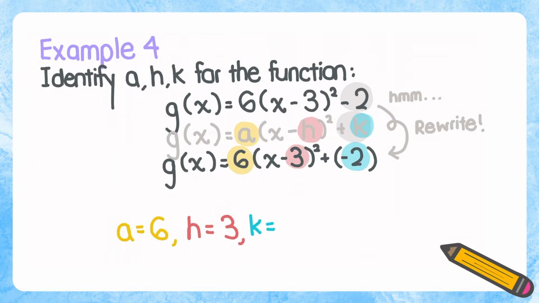So k equals -2. We found that a equals 6, h equals 3, k equals -2. Make sure the function is an exact match with the general vertex form before identifying a, h, and k.